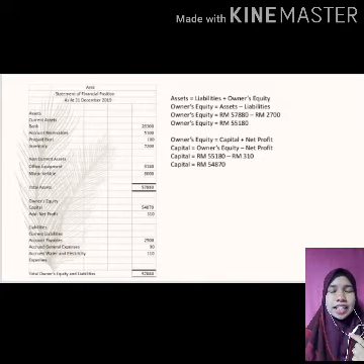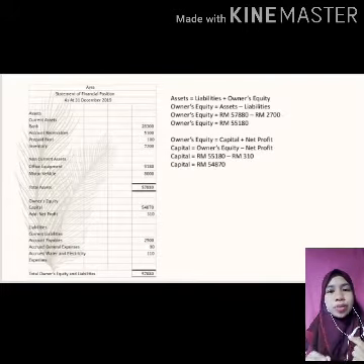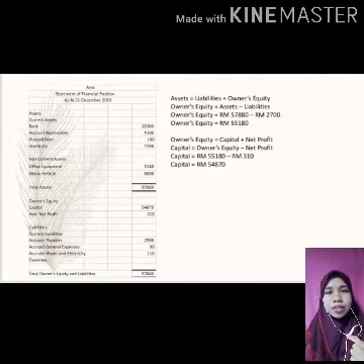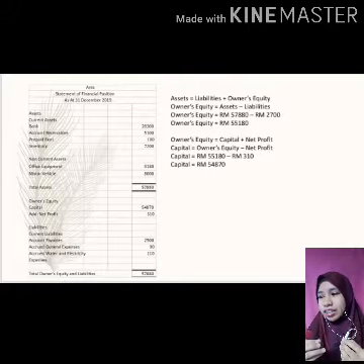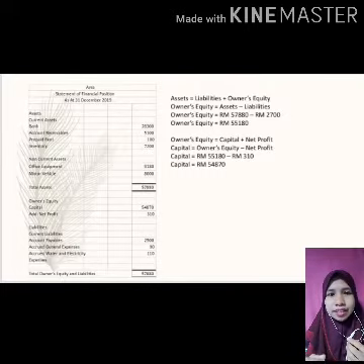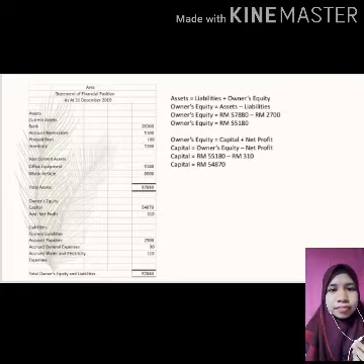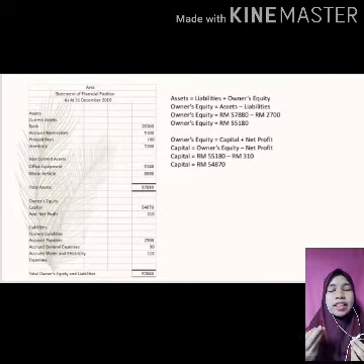Since owner's equity consists of capital plus net profit, we must deduct net profit from owner's equity first to find the capital value. After we have done the calculations, we got the capital value which is 54,870. This value we put in the statement of financial position.